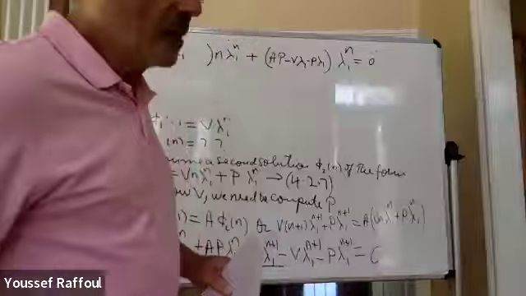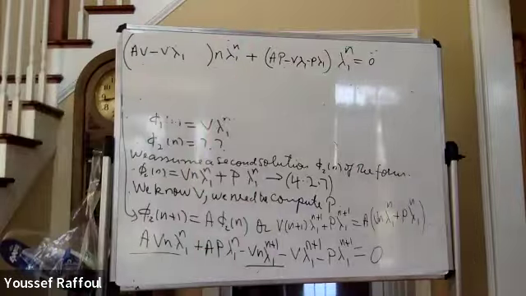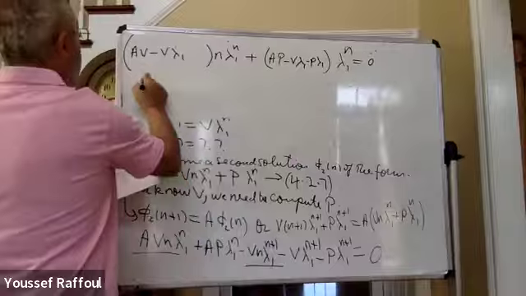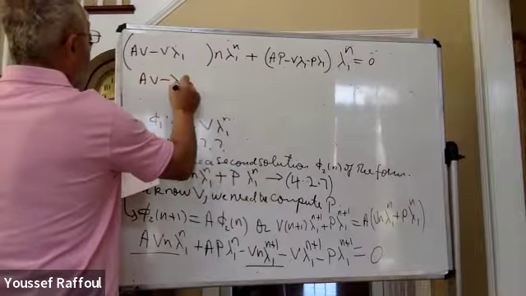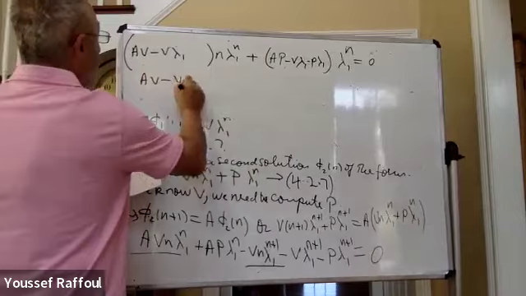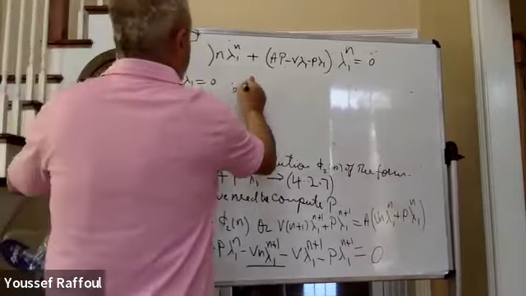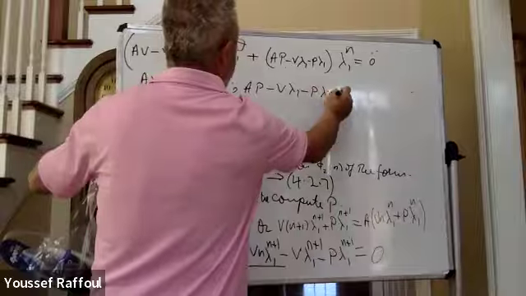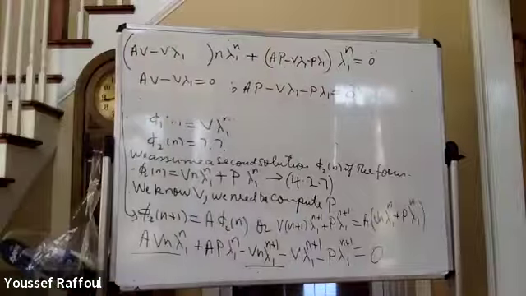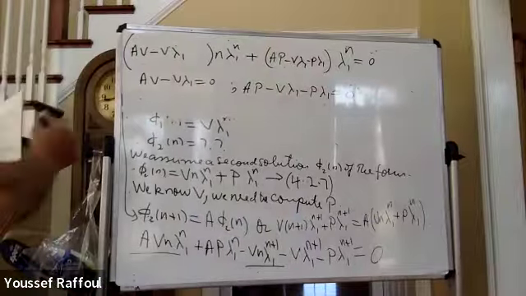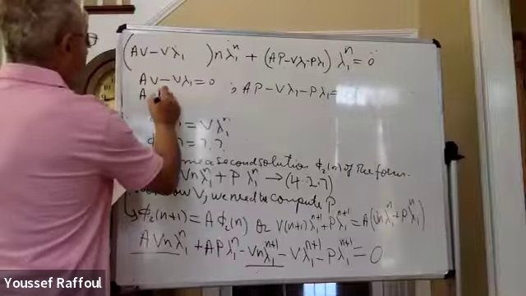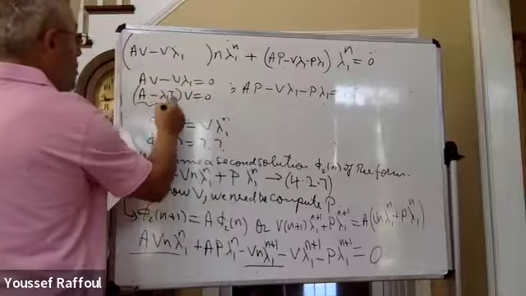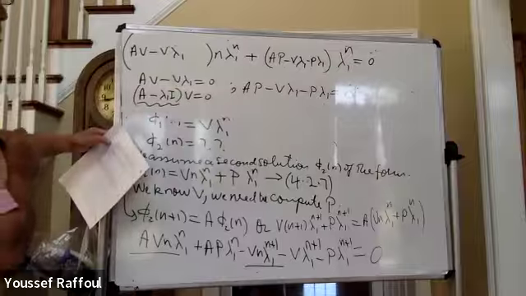So n lambda 1 to the n is not 0. So we're going to have A V minus V lambda 1 equals 0. And we're going to have A P minus V lambda 1 minus P lambda 1 equals 0. But this is the same as (A minus lambda 1 I) V equals 0. See, this we know. Okay?